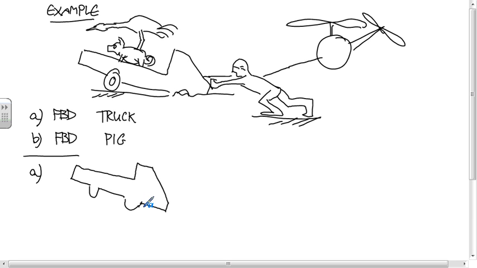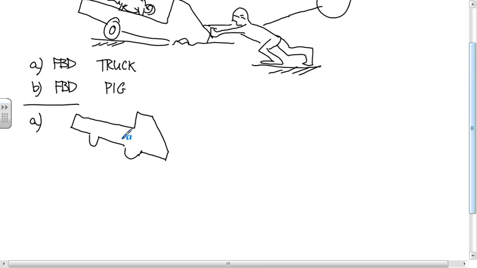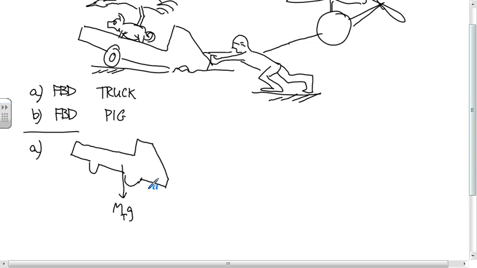Okay, so there's the truck. And now just think about what forces are applied to this object. Well, we know there's a weight force, so I'll call that mass of the truck times g. And now we're just mentally going to go around the boundary. The only other types of forces are contact forces, so we can go around the boundary and look for where something else is touching.